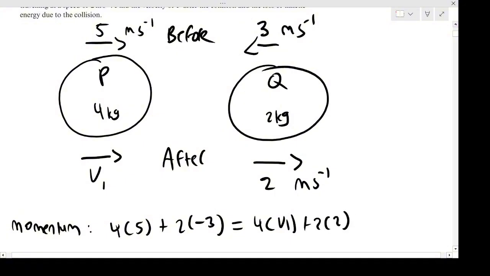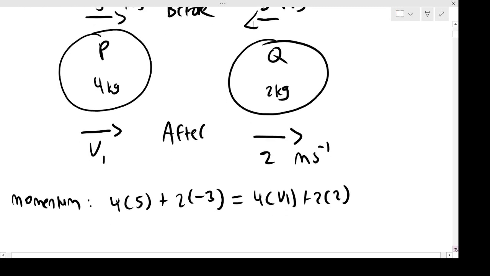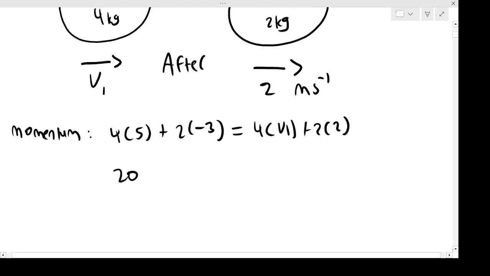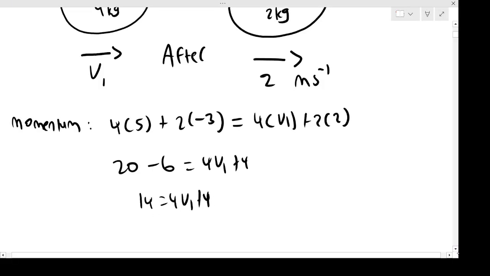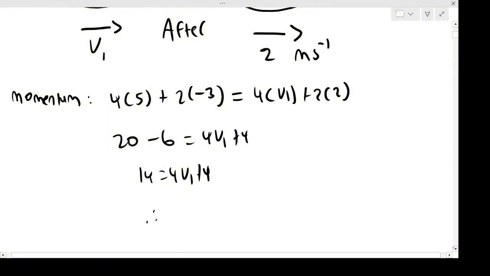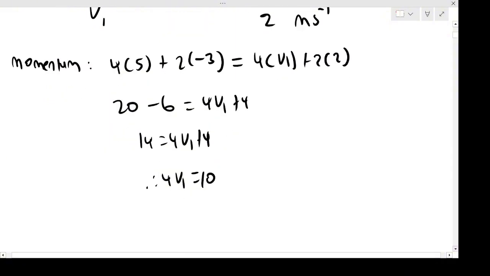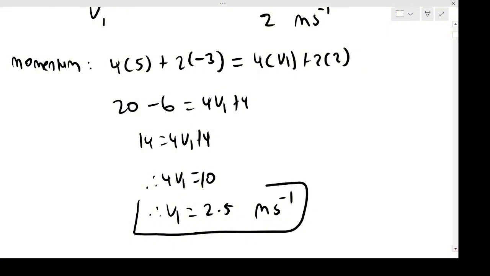And so we simplify: 20 minus 6 is 14, so 14 equals 4V1 add 4. Therefore 4 lots of V1 is 10, and so V1 is 2.5 if we divide by 4, and that is my answer there.